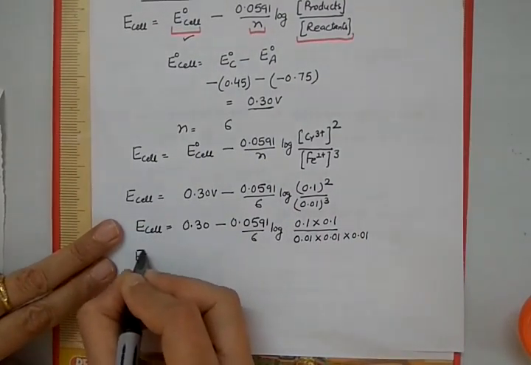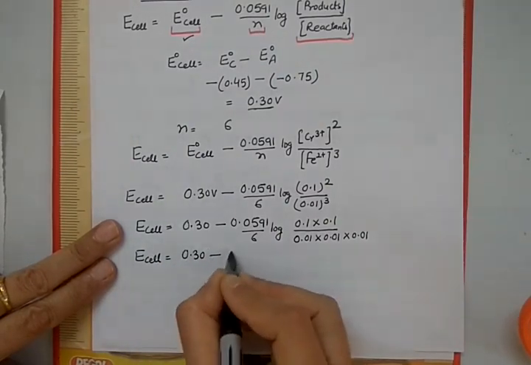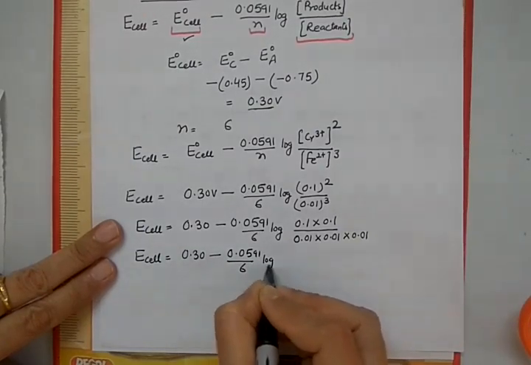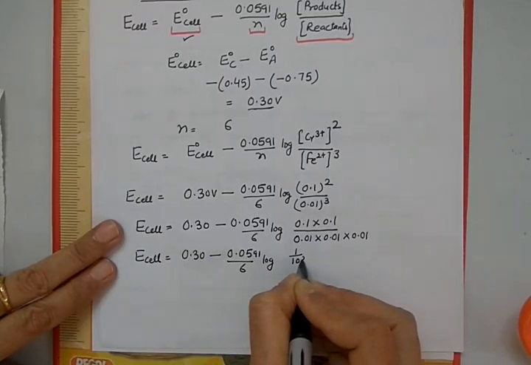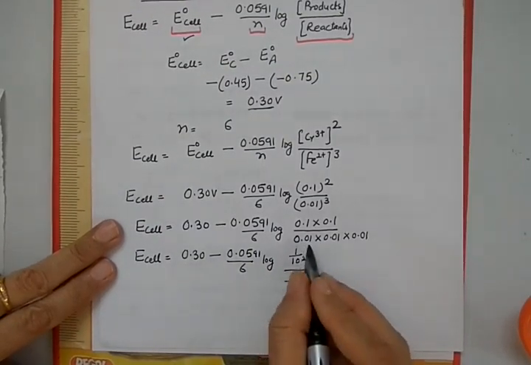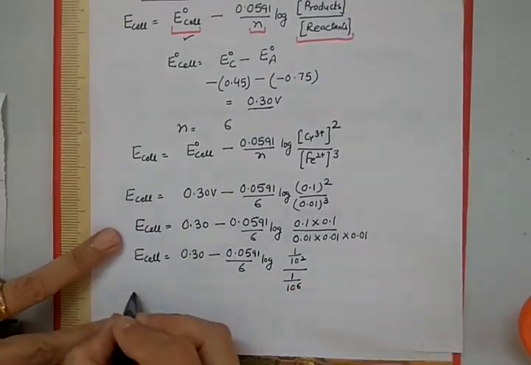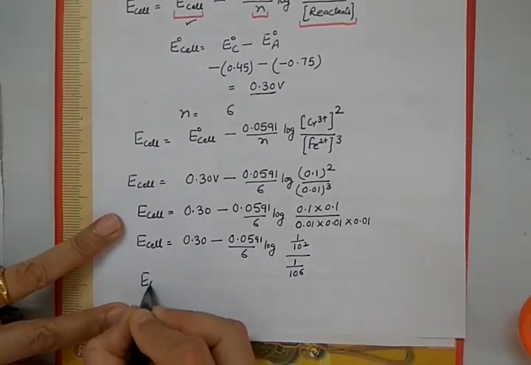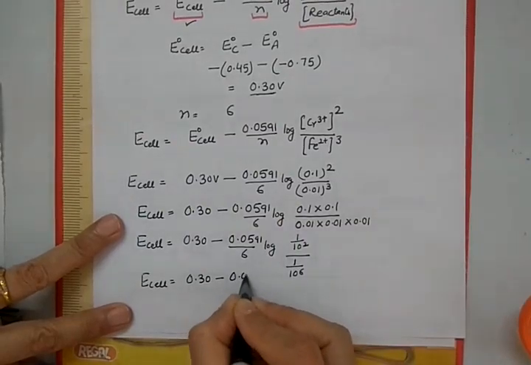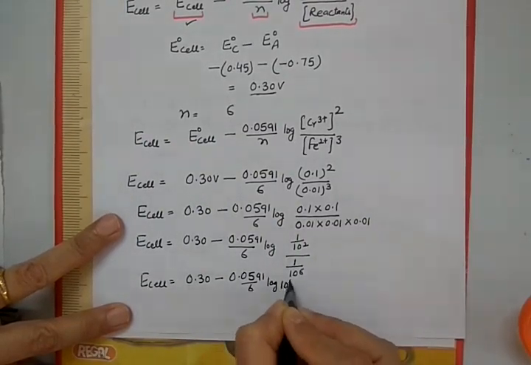I am taking it stepwise so that you may not have any confusion. 0.30 minus 0.0591 over 6 log of 1 over 10 to power 2 divided by 1 over 10 to power 6. 1, 2, 3, 4, 5, 6. So E of the cell is equal to 0.30 minus 0.0591 over 6 log 10 to power 4.